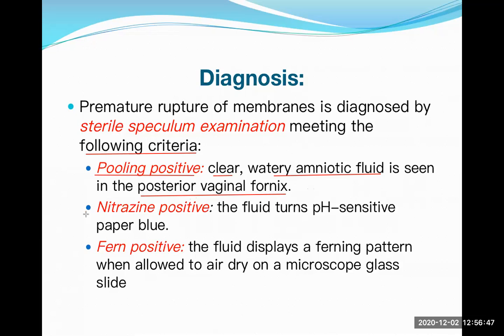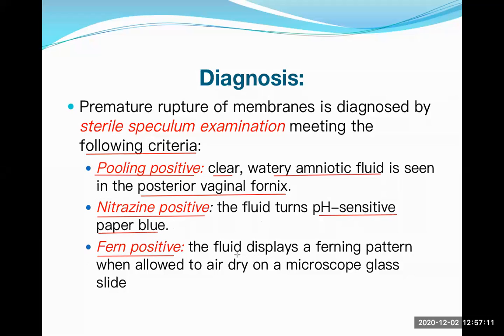The second one, nitrazine positive. Now, this nitrazine is a chemical substance. The fluid turns pH sensitive paper blue. The pH sensitive paper is inserted and the fluid should turn that pH sensitive paper blue. This is called nitrazine positive test. And third is called fern positive test.